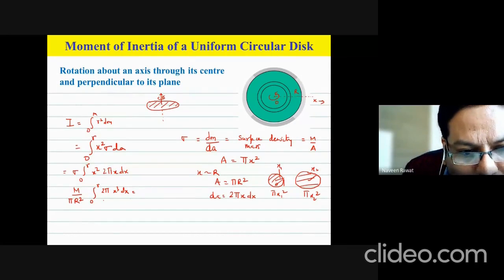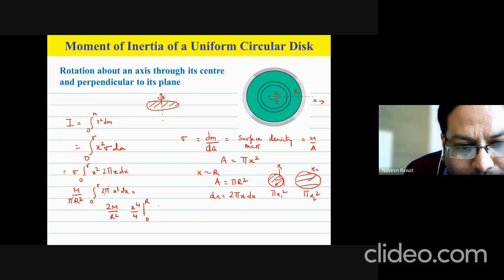So let's do that out. I have 2 pi, so 1 pi and pi will cancel here. So I'm left with 2. So I'm getting 2m over pi r square, and the integral of x cube is becoming x raised to 4 by 4. Now I have to apply the limits, that will be 0 to r. Again 2 and 4 will cancel, there will be a 2 left.